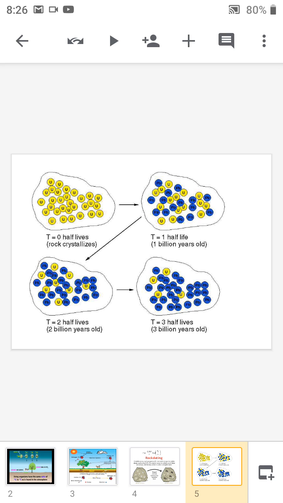After 3 billion years, the amount of uranium is very small when compared to the first one. So we can measure the amount of uranium which is present after this many years, and also calculate the amount which was initially present in the rock. Then we apply the previous equation and can easily find out the age of the rock.